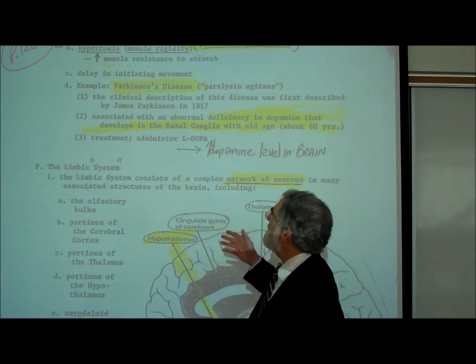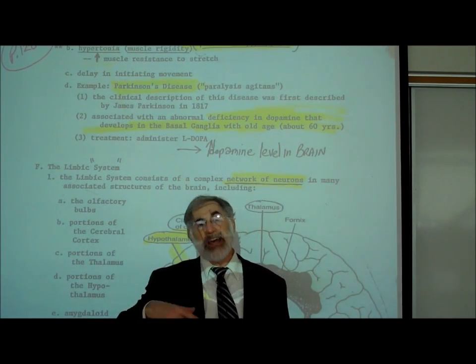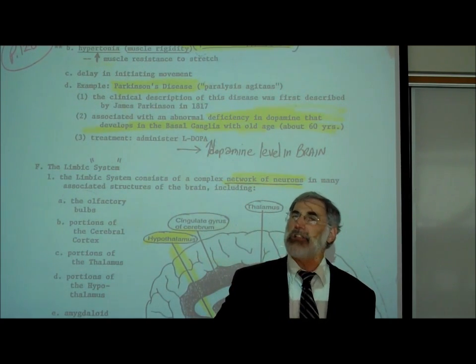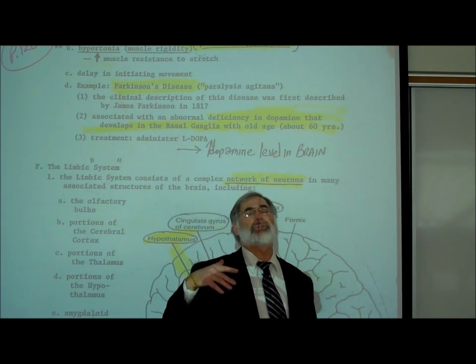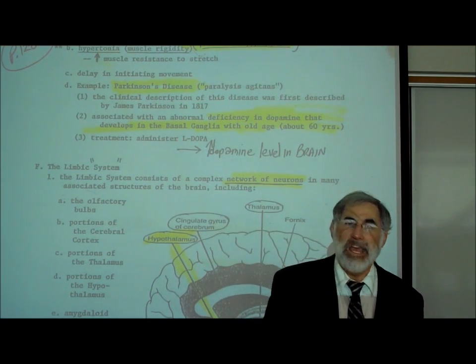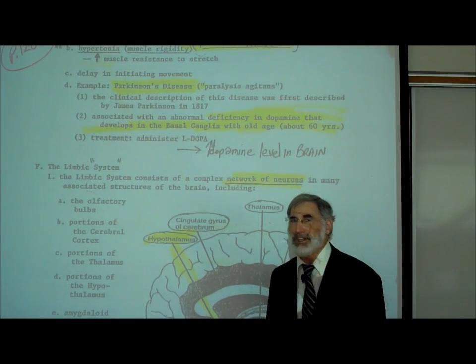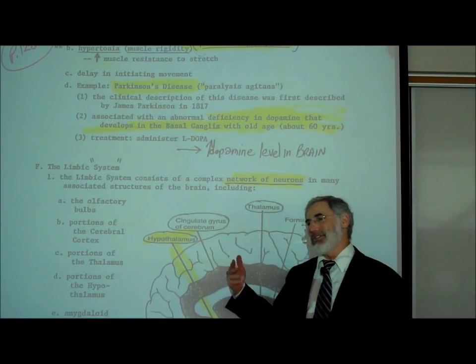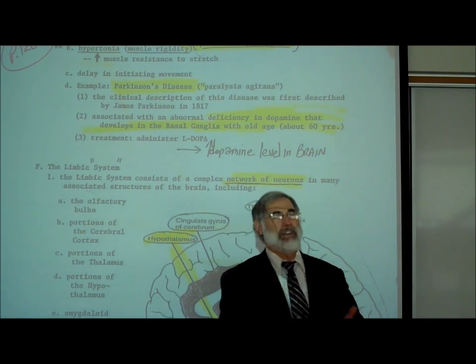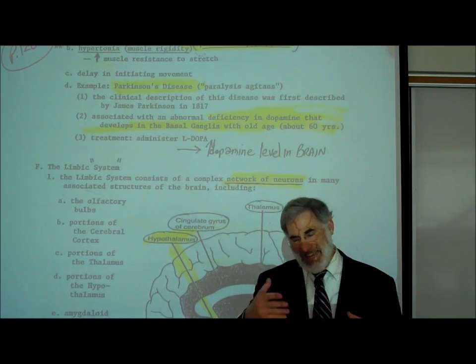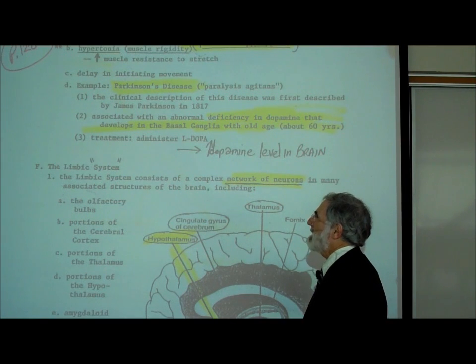The answer is that the dopamine, yes, is excitatory, and it actually activates other neurons in the basal ganglia that release inhibitory neurotransmitters. So literally, it's because of deficiency of an excitatory neurotransmitter, dopamine, that there's not enough activation of this inhibition by the basal ganglia.